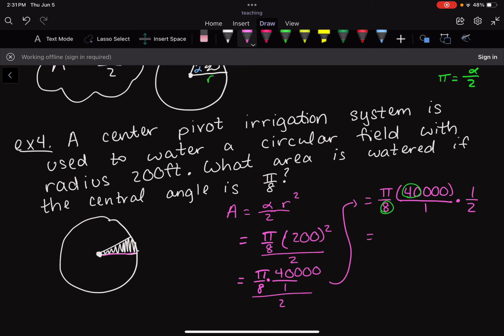So that would leave me with 5,000 pi, and now the 8's gone, so I just have it's over 2. And then 5,000 divided by 2 would be 2,500 pi. And this would be in feet squared, technically. I'm not really a big stickler on the units, to be honest with you, but that is what it would be.